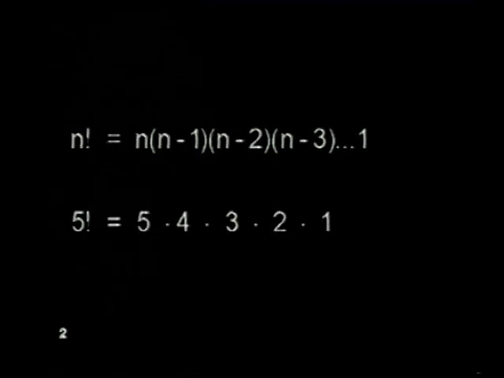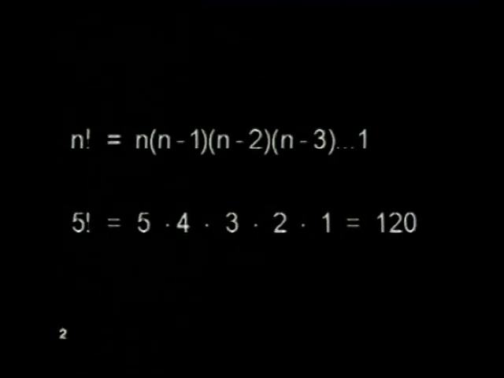For example, 5 factorial equals 5 times 4 times 3 times 2 times 1. When the factors are multiplied together, the product is 120. Therefore, 5 factorial equals 120.